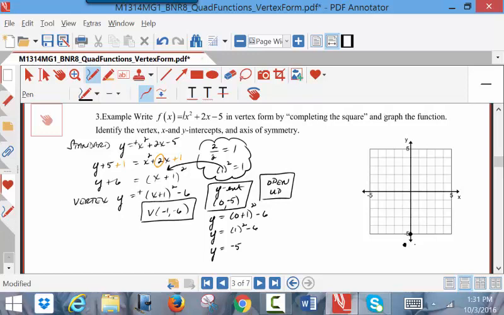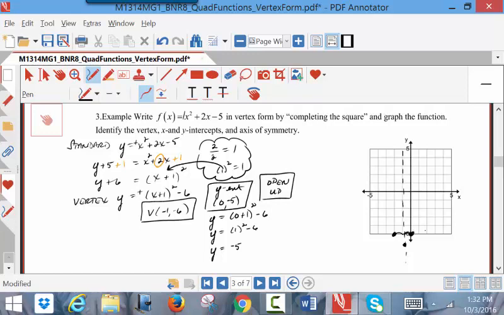So what is the mirror image of 0, -5 on the other side? Well, let's put my axis of symmetry. Let's just sketch my axis. So if I'm 1 to the right, now I'm going to be 1 to the left of it. So here's my other point, just by using more of a mirror image thing.